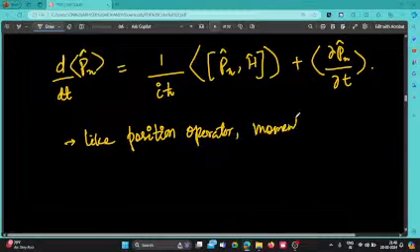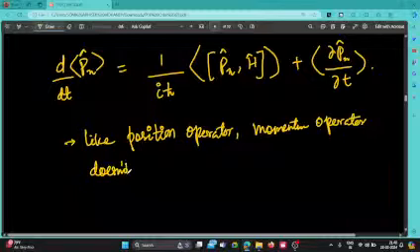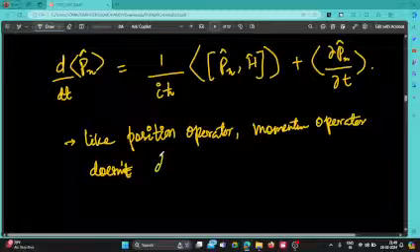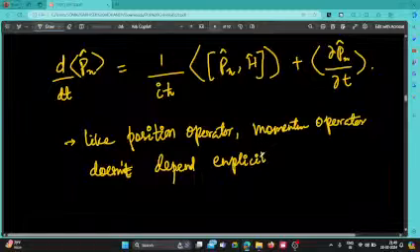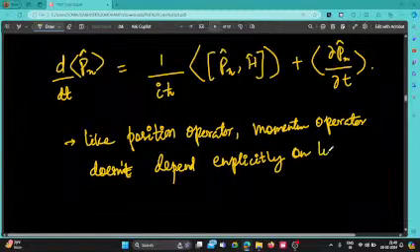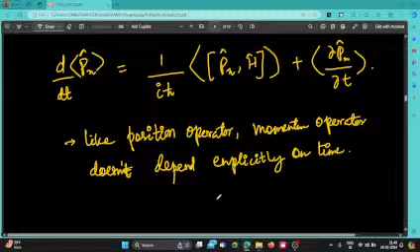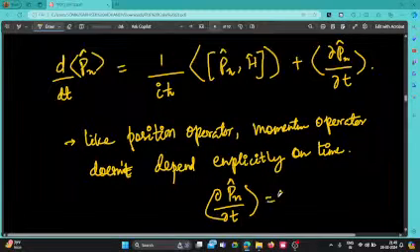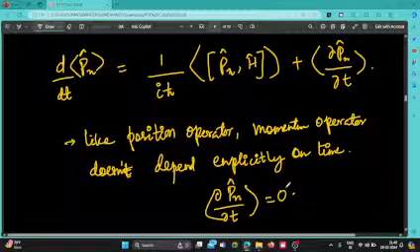So we can write del px by del t as 0, right? We can write that.